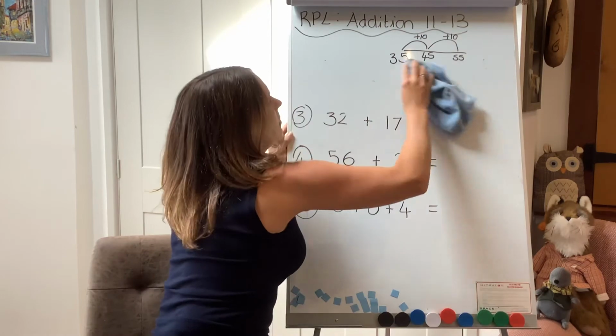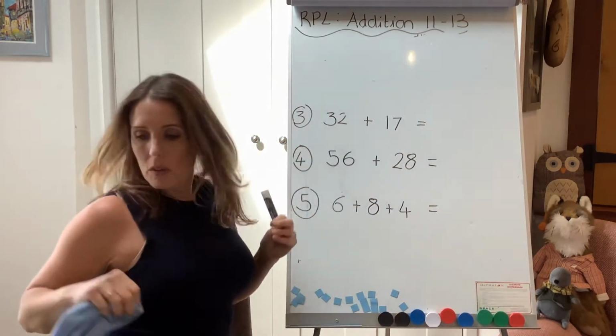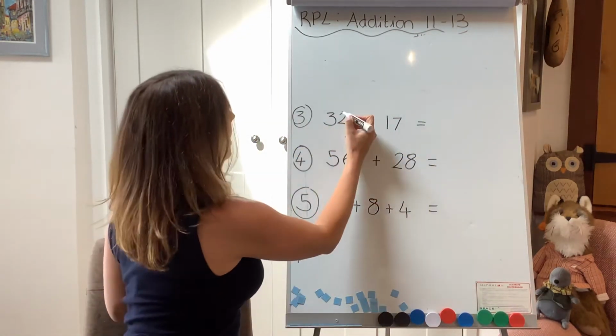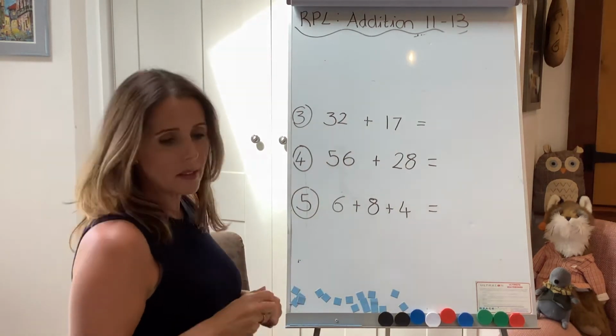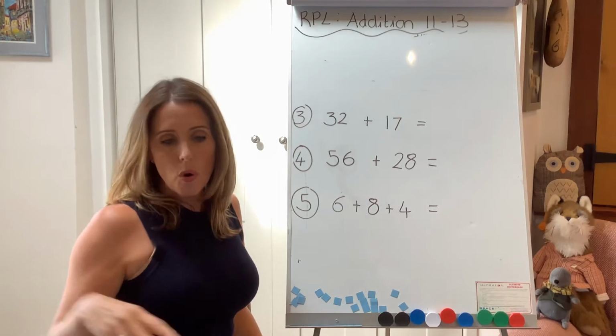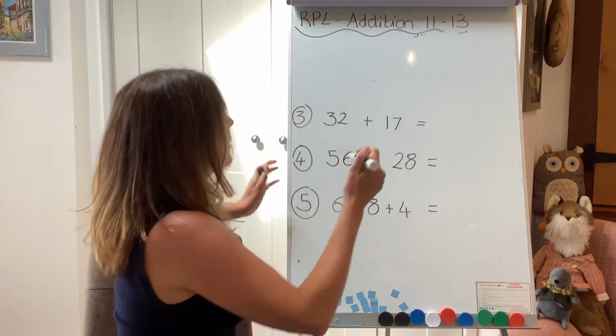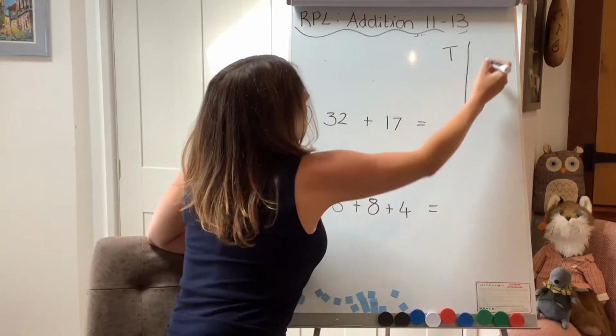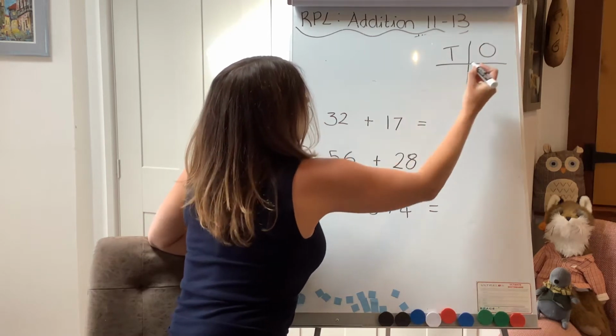the next one, we could look at partitioning into tens and ones, and we can use base 10 or place value counters or a number line again. So I've got 32 add 17.